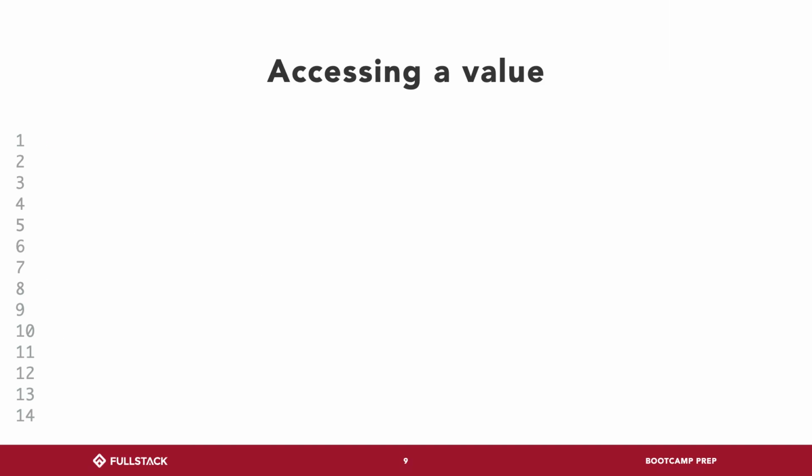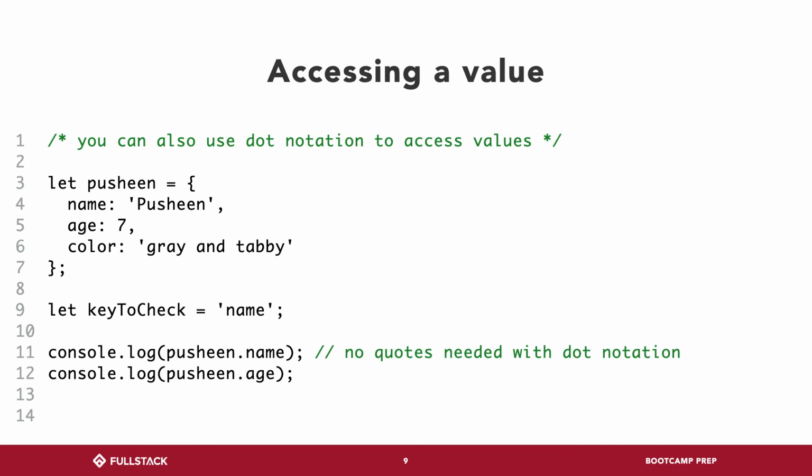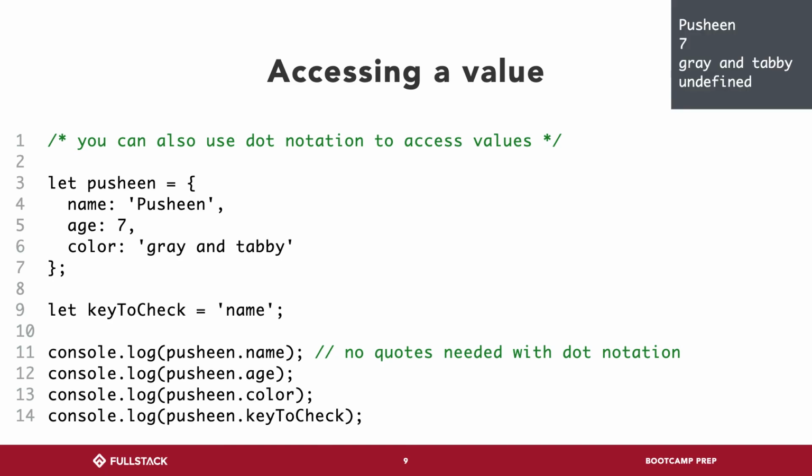Right. You can also use dot notation. And dot notation is cool. You don't need quotes. You just do dot name, dot age, dot color, dot key to check. Oh, why is dot key to check undefined? Because it takes everything to the right of the dot and looks for that key. It doesn't check to see if that's a variable or not.